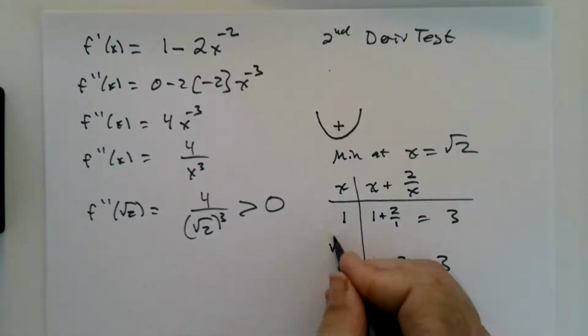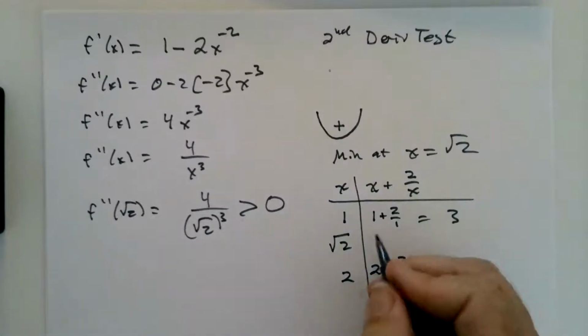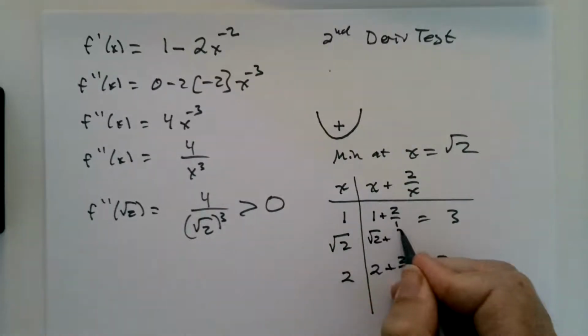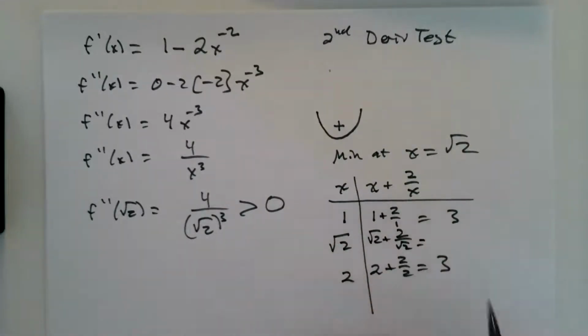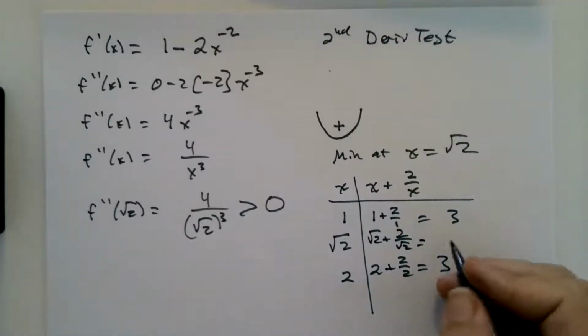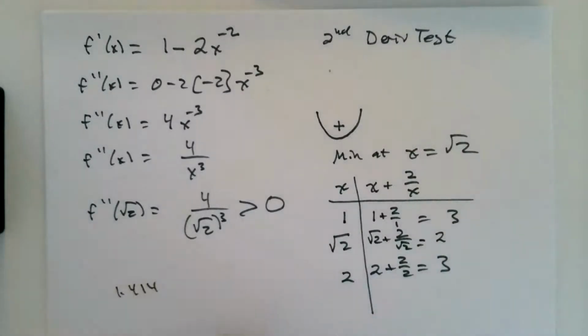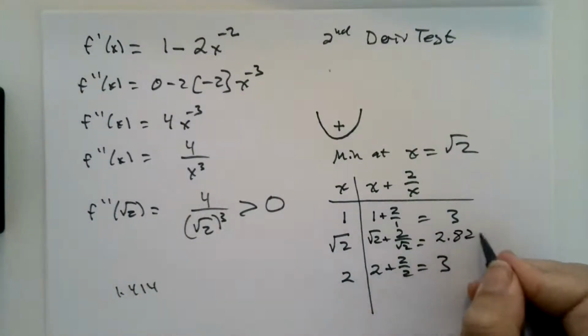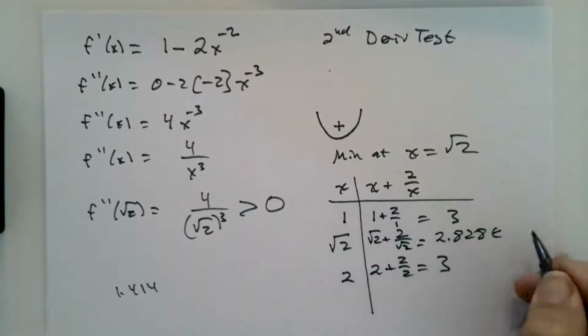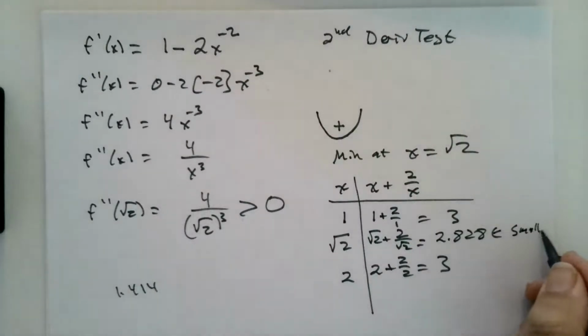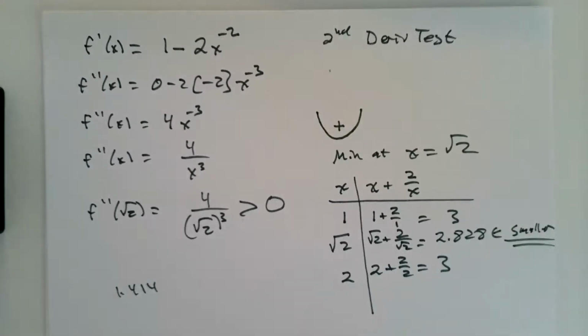If I choose root 2, that's in between, I get root 2 plus 2 over root 2, which is root 2 plus root 2, 1.414 plus 1.414, so 2.828, which indeed is smaller. So my answer on that one is indeed square root of 2, not quite 2.